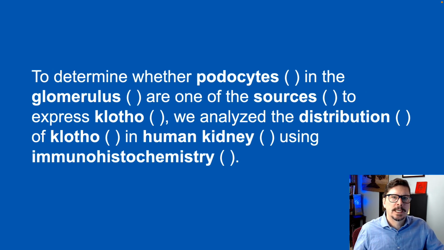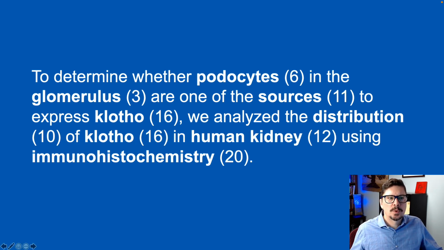Here's another opportunity to practice. The sentence says, to determine whether podocytes in the glomerulus are one of the sources to express clotho, we analyzed the distribution of clotho in human kidney using immunohistochemistry. So pause and resume the video when you're ready to see my answers. So here we're using rules 6, 3, 11, 16, 12, 10, and 20.